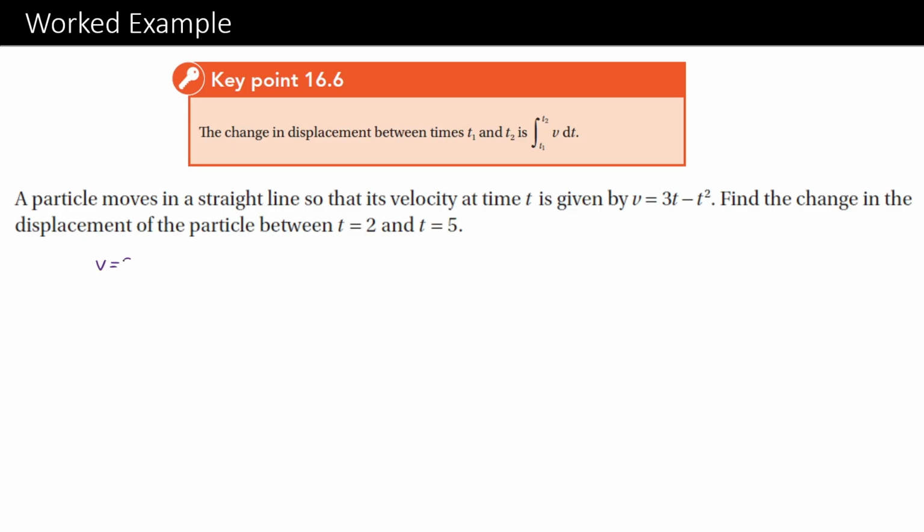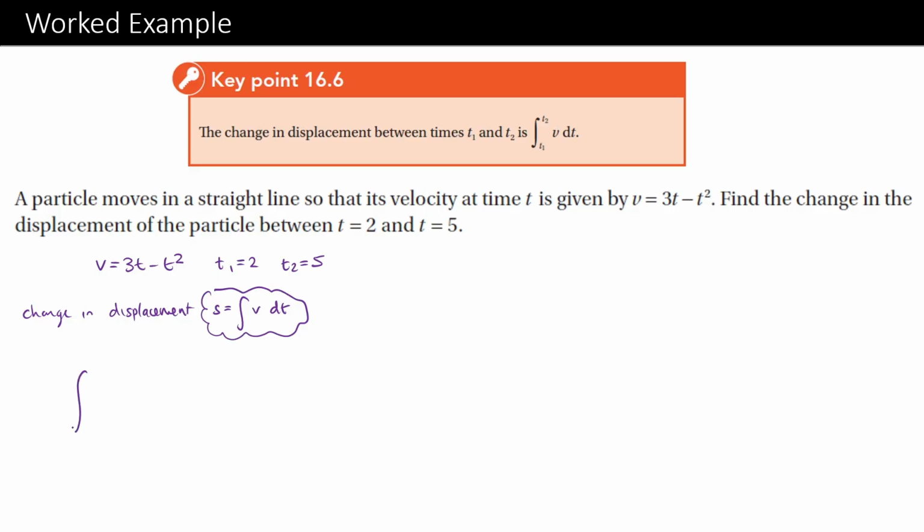So if I write down the formula, I've got v equals 3t minus t squared, and t1 is equal to 2 and t2 equals 5. To work out the change in displacement, remember that s is equal to the integral of v dt, and then substitute those two limits into this.